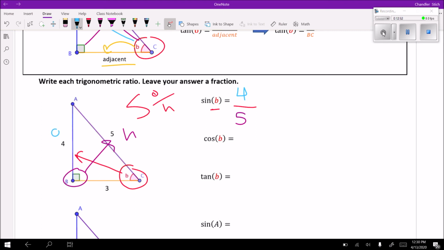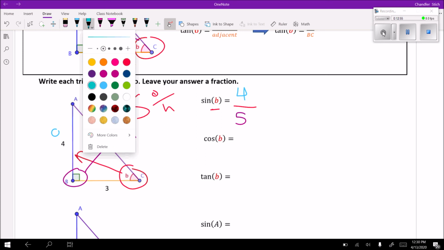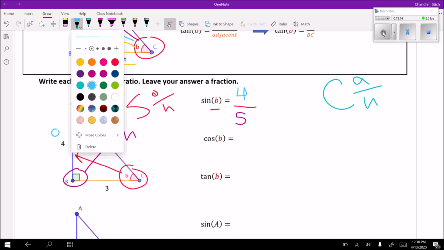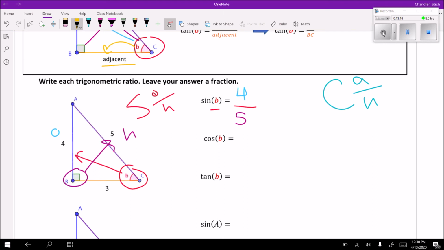How do I find cosine? Well, cosine is CAH, which is adjacent over hypotenuse. Well, I don't have my adjacent yet, but I have my opposite, I have my hypotenuse, which means that the other one, by default, is your adjacent. So adjacent over hypotenuse would be 3 over, hypotenuse is 5.